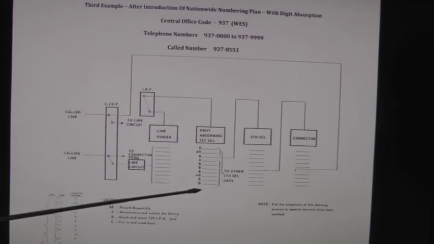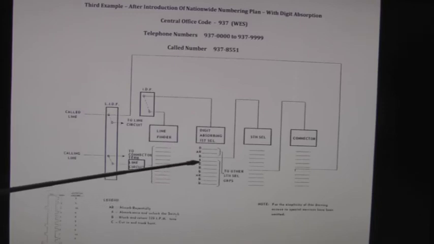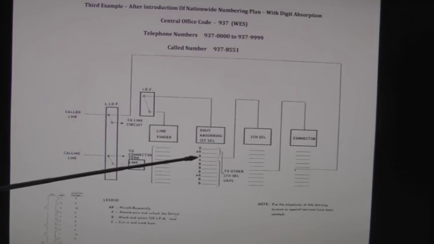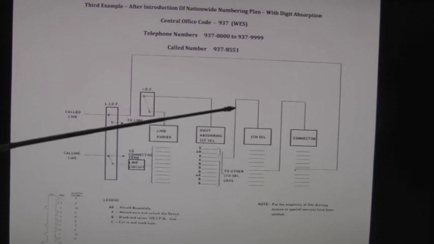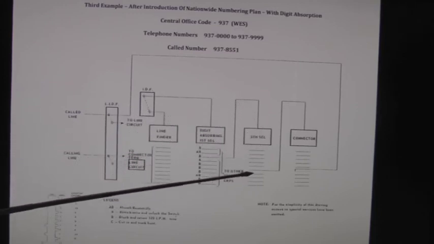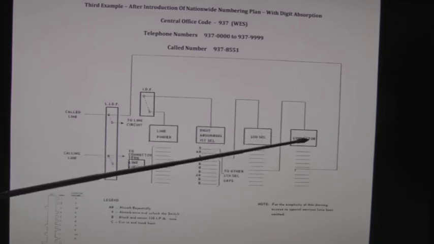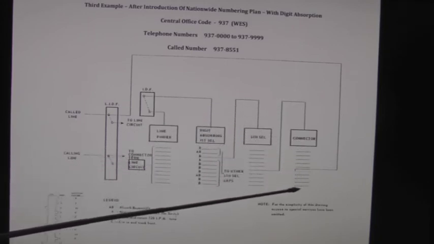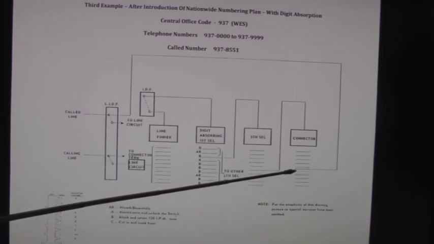And then it dials an 8, steps up to the 8th level. It's got the B feature, but it's overridden by the A feature, so it rotary hunts to a 5th selector. Dial the 5, steps up to the 5th level and rotary hunts for a connector. Connector is seized. Dial the tens digit, which is a 5. Connector steps up to the 5th level and waits.